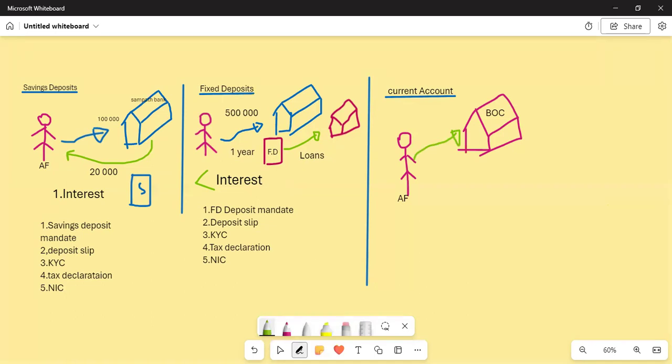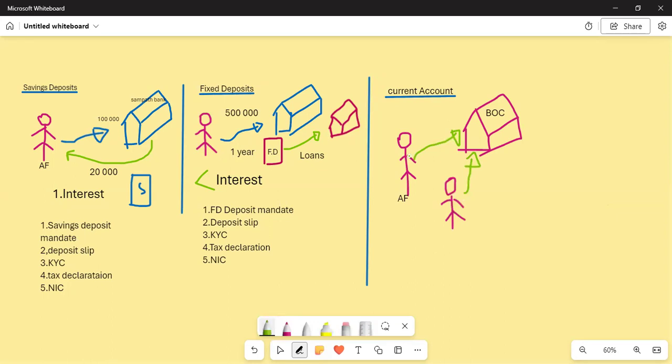Am I clear? For example, say my friend, Asif, who was at the math seminar yesterday. Asif has a current account in this BOC bank. Asif has to introduce me to the bank.